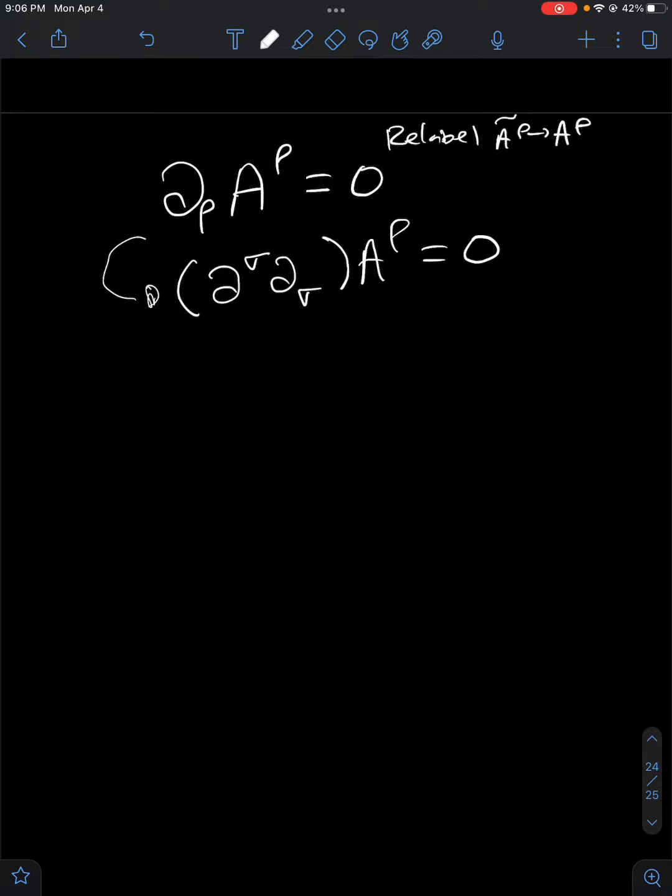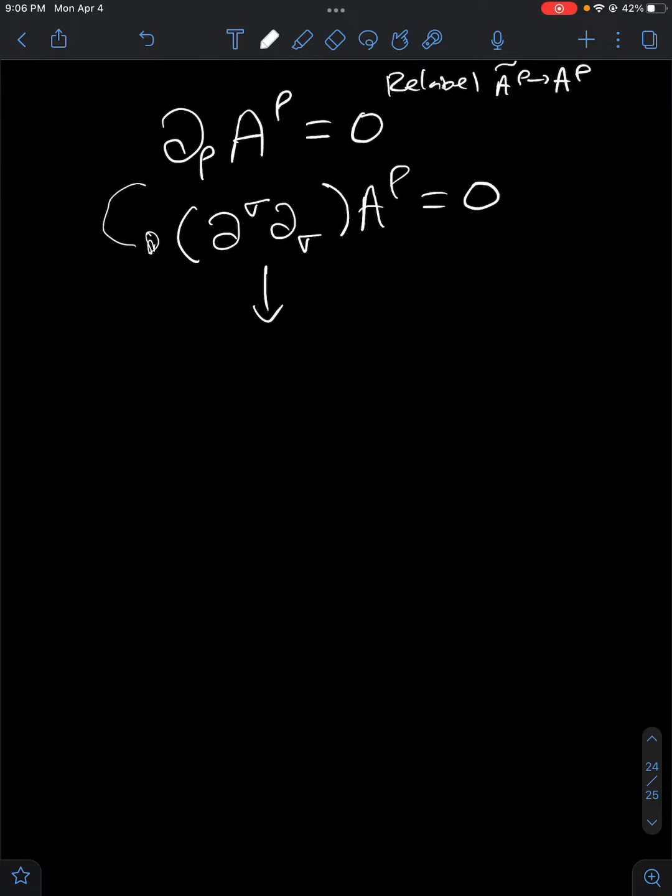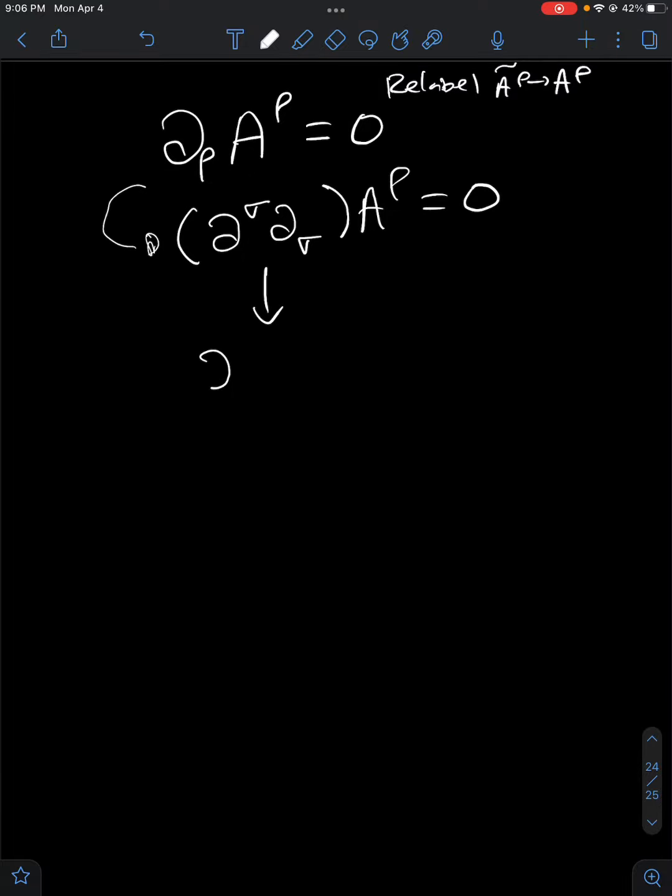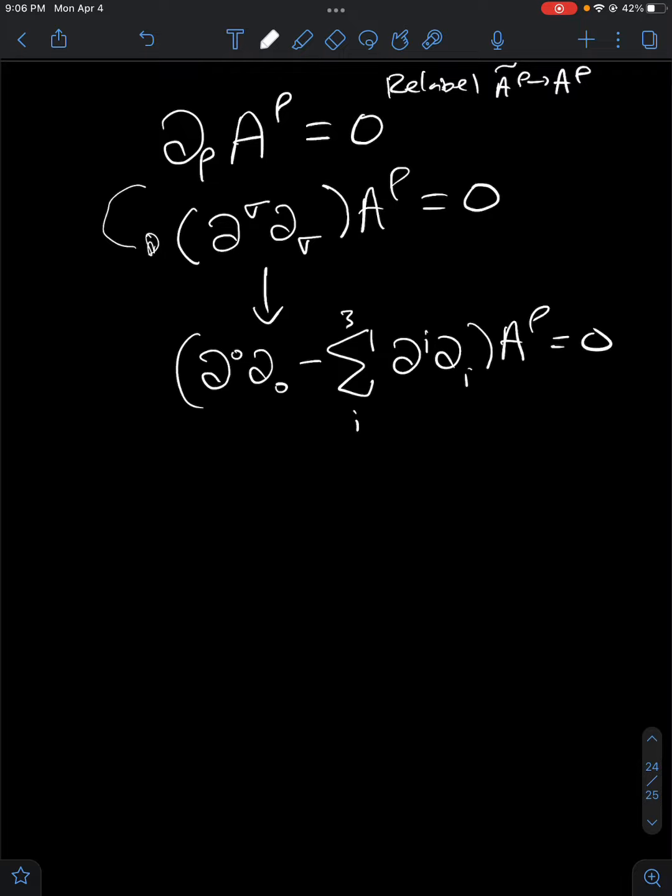So let's expand this equation out a bit in order for it to make a bit more sense. Remember that this stands for a summation, the summation being partial nu partial mu minus this summation over here, A rho equals 0.